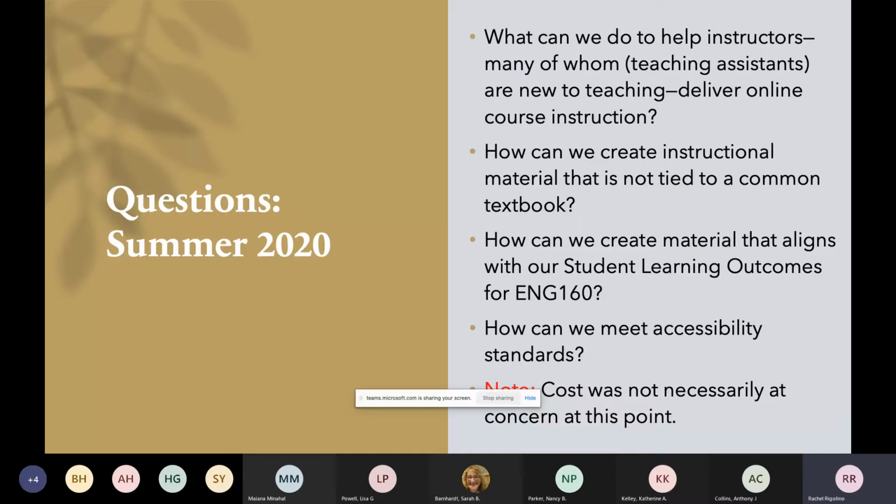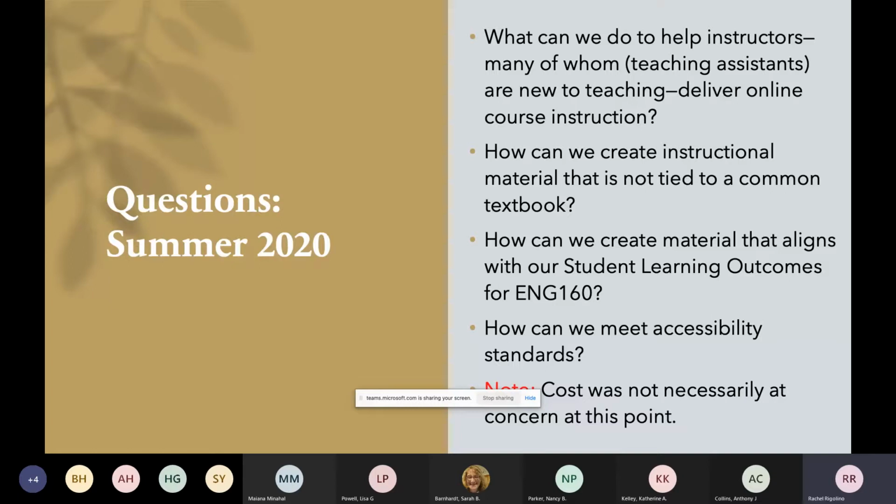Keep this in mind too: we had a group of teaching assistants, people in grad school, most of them traditionally aged, in their mid-20s. They've never taught before, much less online. What about all of the adjuncts that we had, some long-term and some new hires?